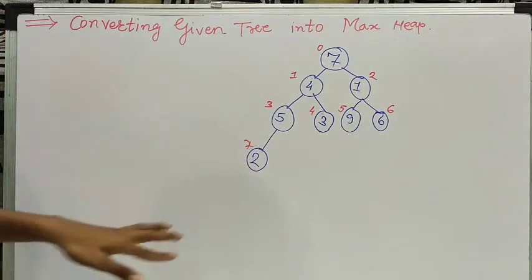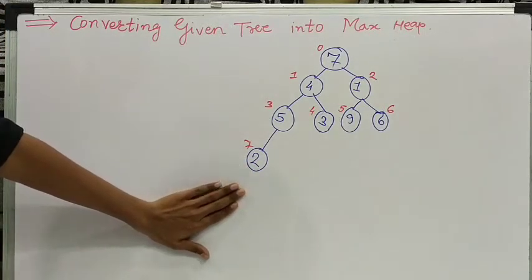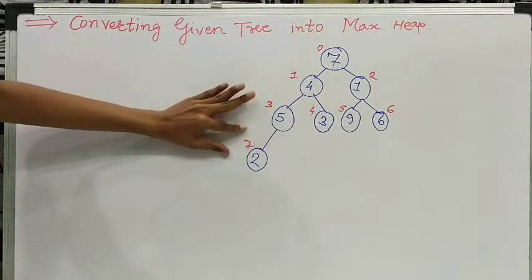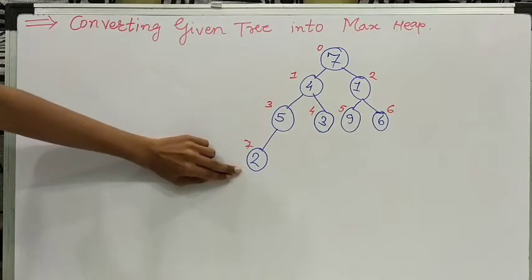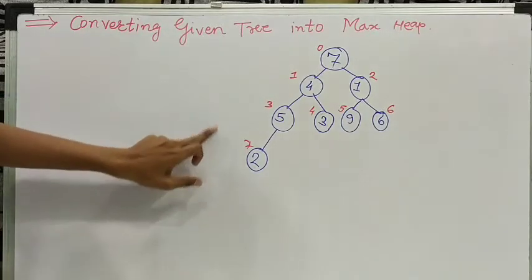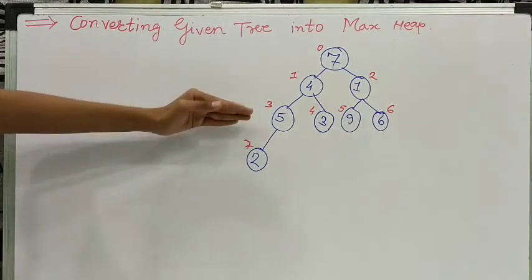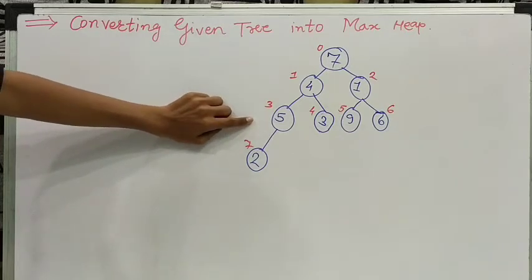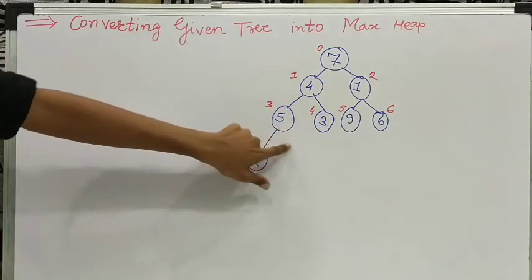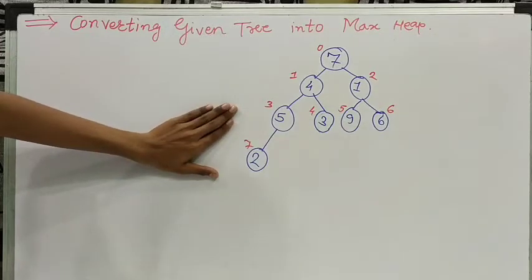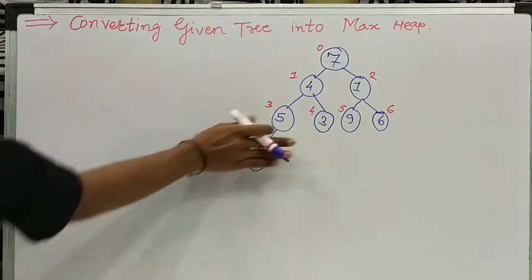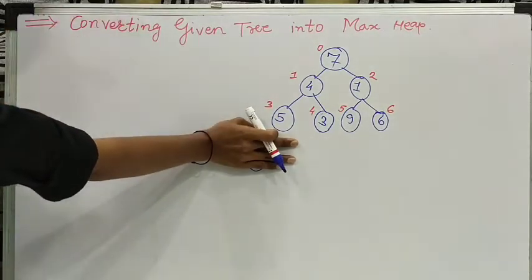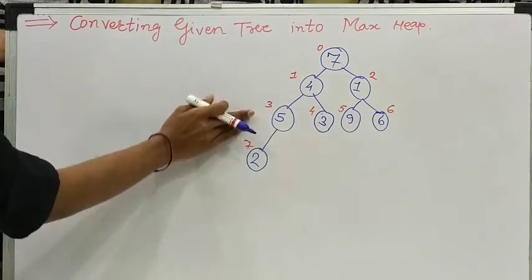Here you can see that it is my almost complete binary tree because the level is one less than the last level. The last level is 3, so one level less means 2. The second level is completely filled, so it is my almost complete binary tree. And if I remove this 2, then this tree will become a complete binary tree. All levels are completed.